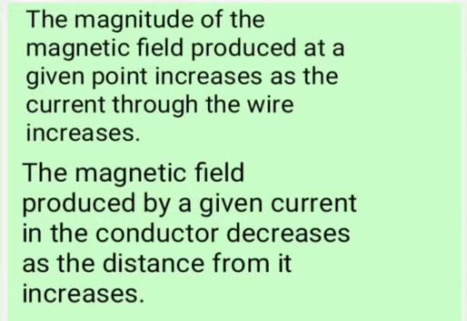How can we increase the magnetic strength produced by a current carrying straight conductor? When we increase the amount of current flowing through the conductor, the magnetic field also increases. That means the magnetic field strength is directly proportional to the magnitude of current flowing through the conductor.